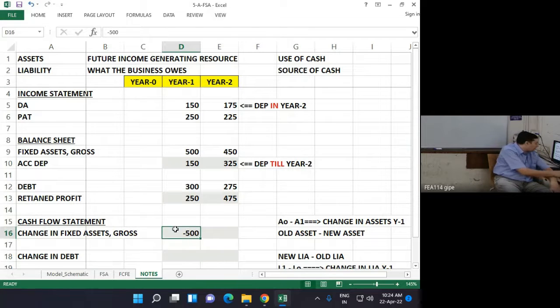So how will we show minus? First of all, look at the name of the line item. It is change. Change मतलब difference लेना पड़ेगा. So you take a difference as last year's asset minus current year. तो वो साइन अपने आप आ जाएगा. So it will automatically show minus 500.